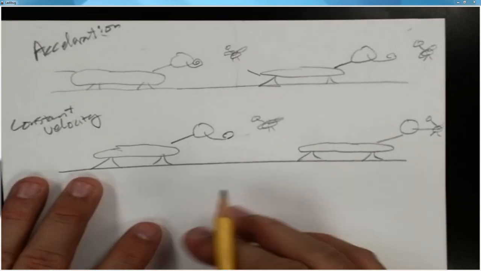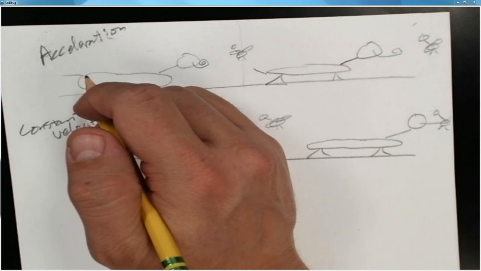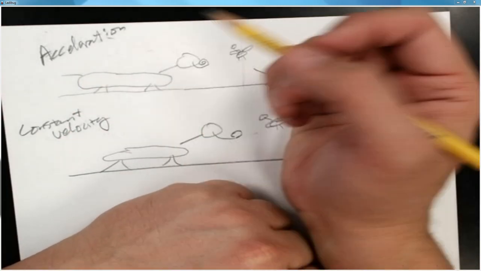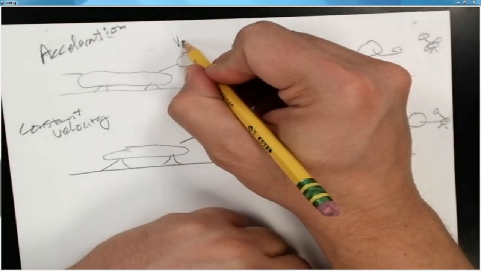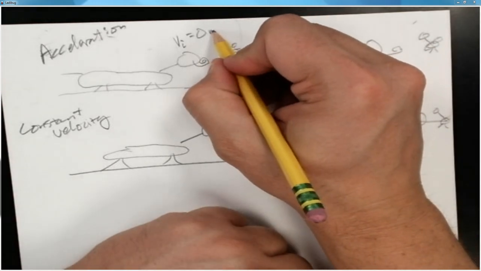Okay, here, what is my initial velocity? It says that the chameleons catch the insects with their tongue. Well, if his tongue's in his mouth, what's his initial velocity? It's going to be 0 because his tongue is not moving.